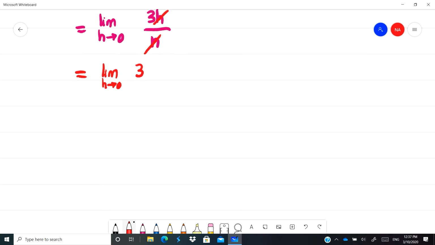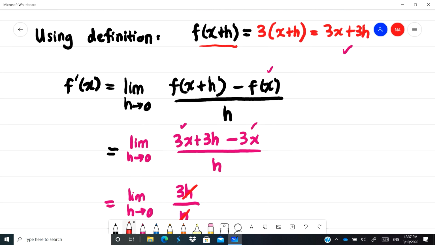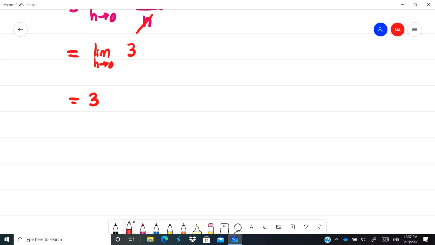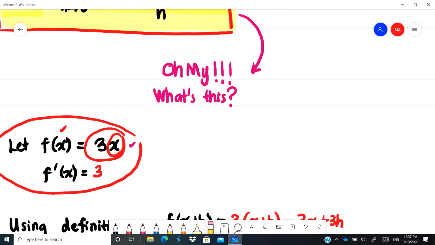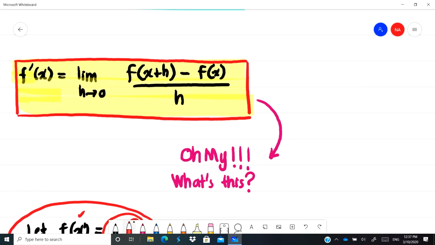No. The limit of a constant function is that constant value, so the final answer is 3. Exactly the same as before, but you have to show it using the longer method. We call this the definition of derivatives.